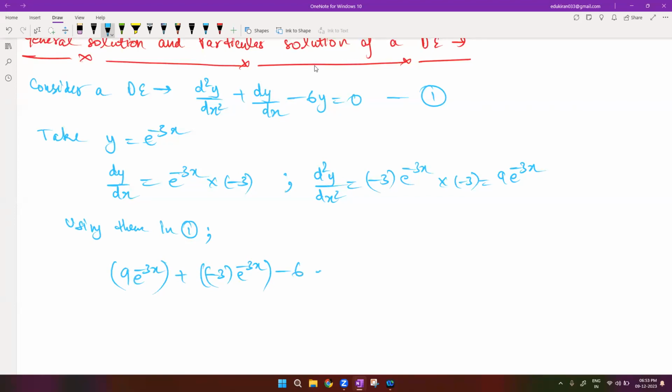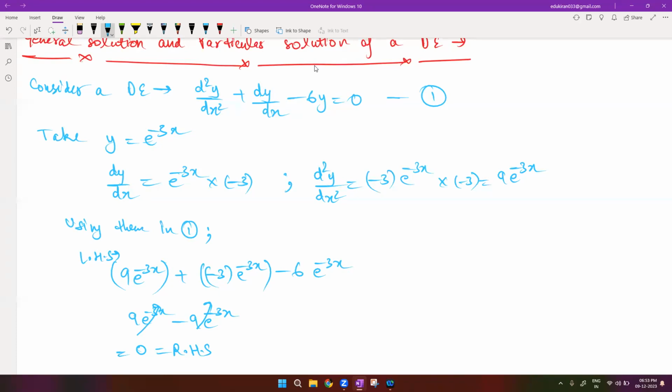Y would be e to the power minus 3x. So this would be my LHS, right? Now if you calculate this LHS, this is 9 e to the power minus 3x, this is minus 3 e to the power minus 3x, and this is minus 6 e to the power minus 3x. So in total, they will cancel each other, and the resultant will be 0, which is equal to RHS. Which means what?